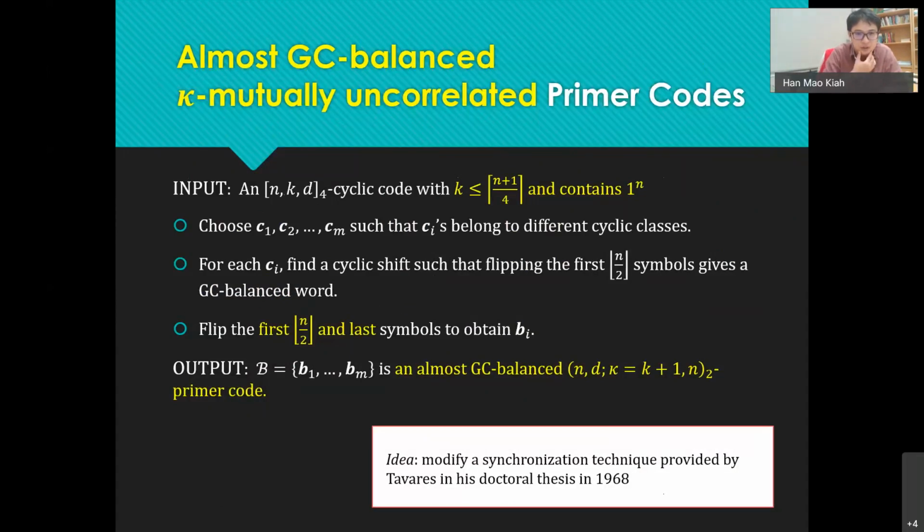With some arguments, we show that this gives almost GC balanced, kappa mutually uncorrelated codes. Essentially, what I do here is a modification of a synchronization technique introduced by Tavares in his doctoral thesis in 1968.